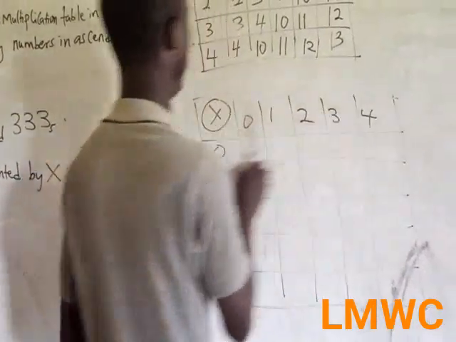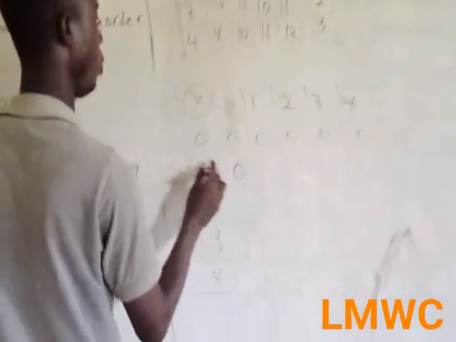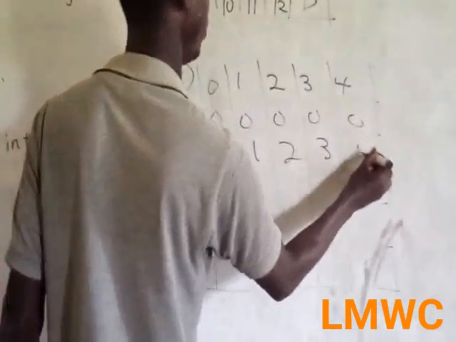So now, 0 times any number is equal to 0. 1 times 0 is 0. 1 times 1, 1. So 1 times any number is equal to the same number.